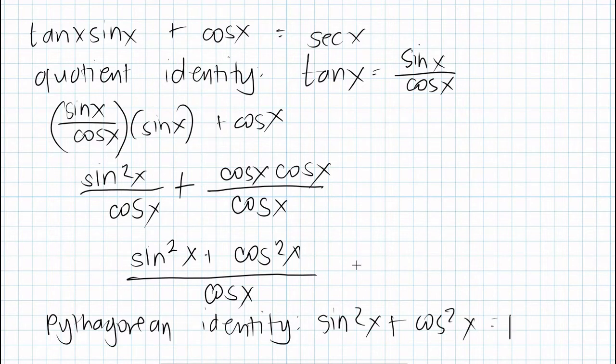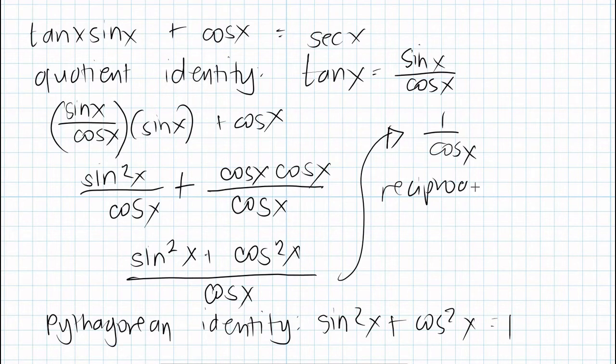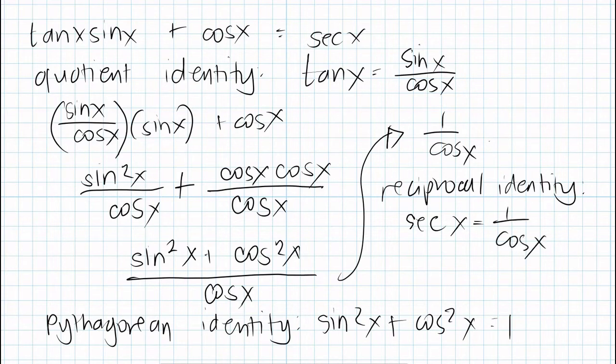That means we can replace this in our equation, and that becomes 1 over cosine x. And then the reciprocal identity says that secant x is equal to 1 over cosine x. That means we can write this simply as secant x. So that's how we prove this equation.